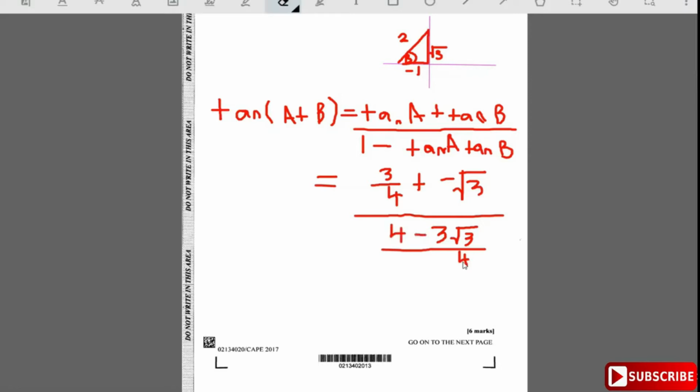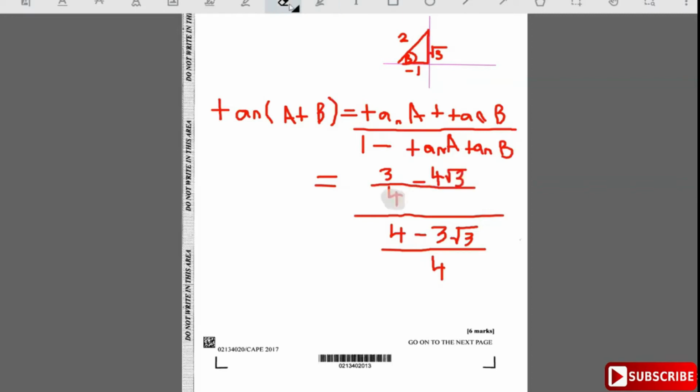And I'm going to simplify the numerator as 3 minus 4 root 3 over 4, joining it as one fraction, all over 4.